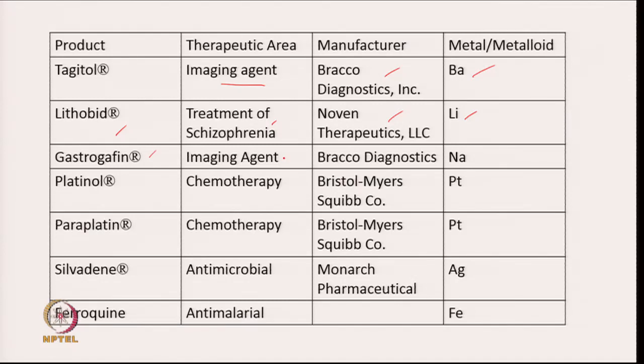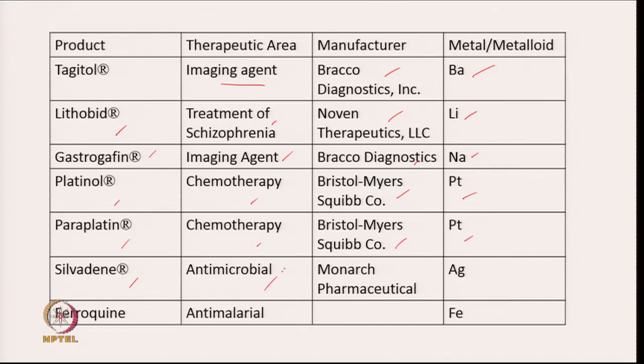Gastrografin is an imaging agent from Bracco Diagnostics, and here analysis of sodium is done. Platinol is used in chemotherapy, from Bristol Myers Squibb company, and here analysis of platinum is done. Paraplatin is also used in chemotherapy, from Bristol Myers Squibb company. Here analysis of platinum is done.